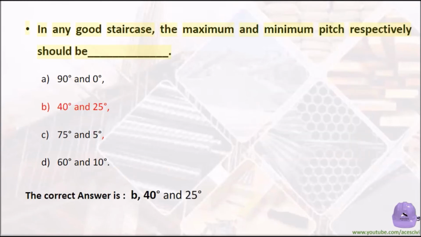In any good staircase, the maximum and minimum pitch respectively should be: A. 90 degrees and 0 degrees, B. 40 degrees and 25 degrees, C. 75 degrees and 5 degrees, D. 60 degrees and 10 degrees. The correct answer is B. 40 degrees and 25 degrees.